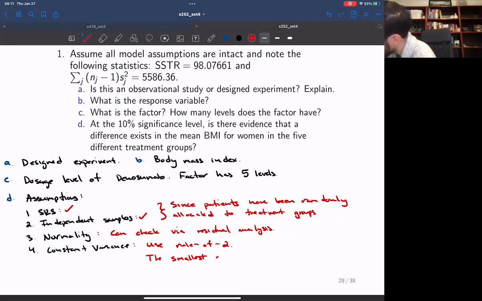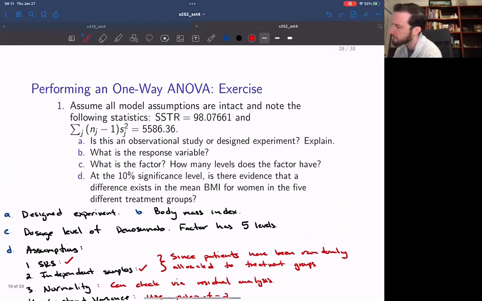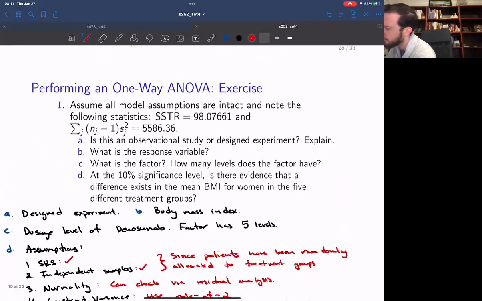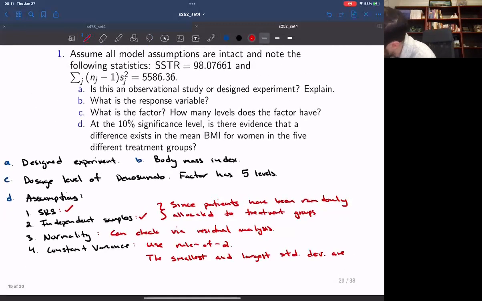So the smallest and largest standard deviations are 4.3 and 5.8. Okay, so we can say S1 equals 4.3 and S3 equals 5.8.